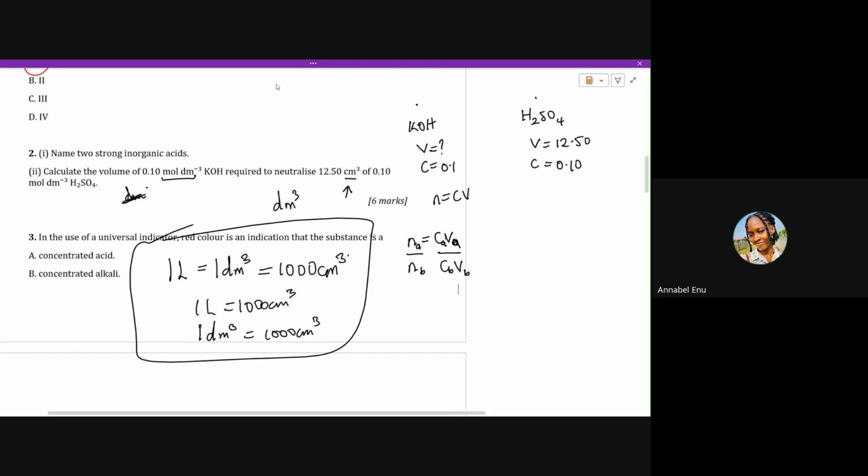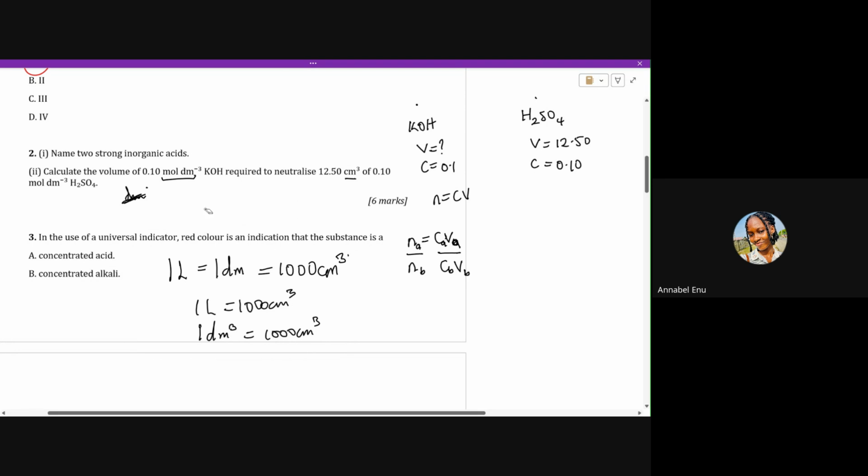Another thing about this kind of question is that you need a balanced equation, because the reason why you need it is for you to be able to get your n. Very important, because we are not only looking for volume, we're also looking for n. n is number of moles. So if we fit into this equation, we have our n acid, we don't know.